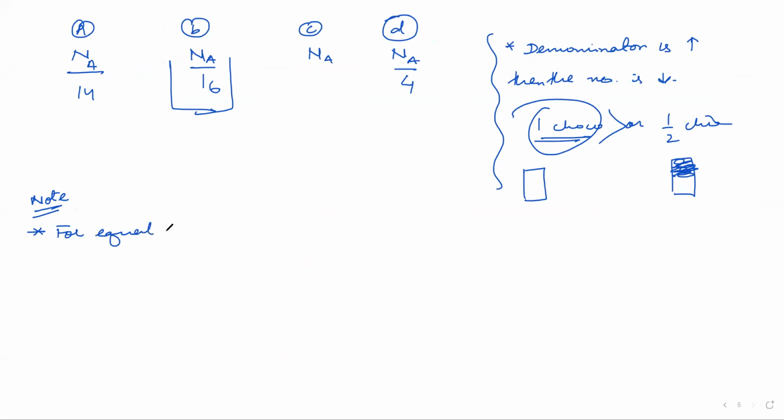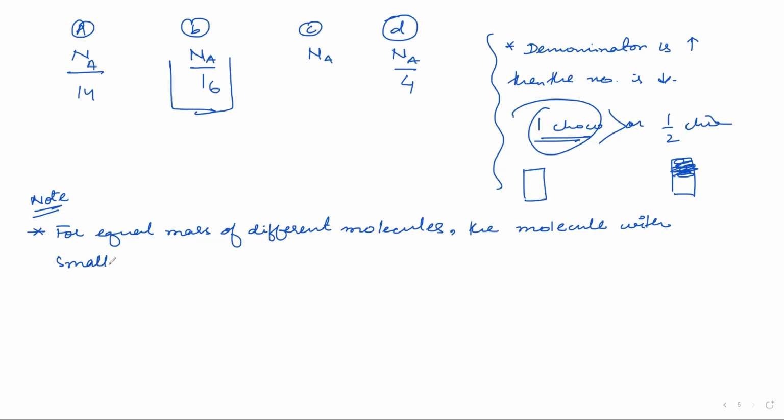For equal mass of different molecules, the molecule with smallest molar mass will have the largest number of atoms.